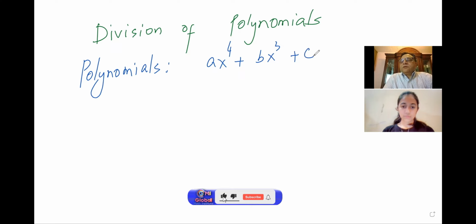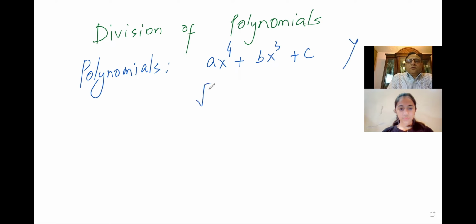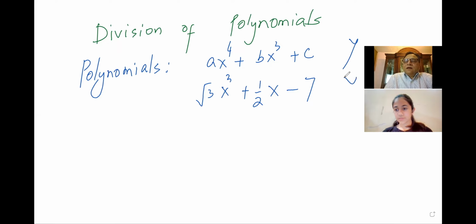Is this a polynomial? Yes. So this is a polynomial. How about square root of 3 x to the power of 3 plus square root, let's say half x minus 7. Is this a polynomial or not? It is a polynomial. Correct.